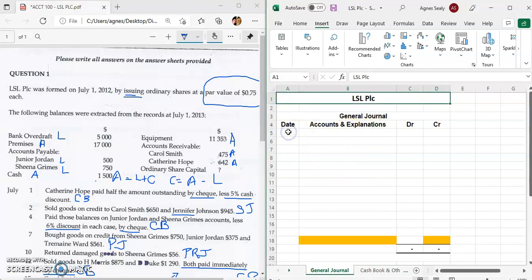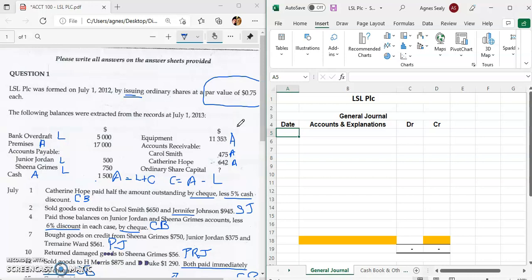So the first thing that we are going to do is journalize our opening entries, because the general journal is used for recording opening balances, closing entries, recording of bad debts, correcting of errors, and anything that cannot be recorded in the other 5 books.